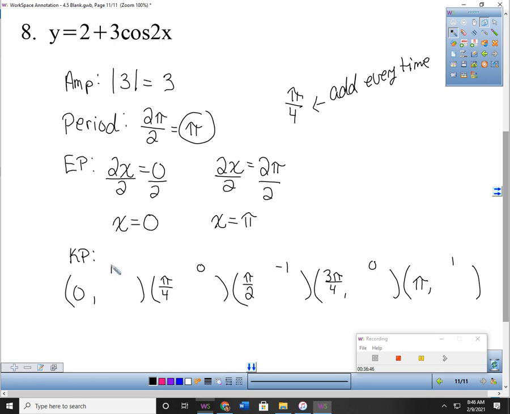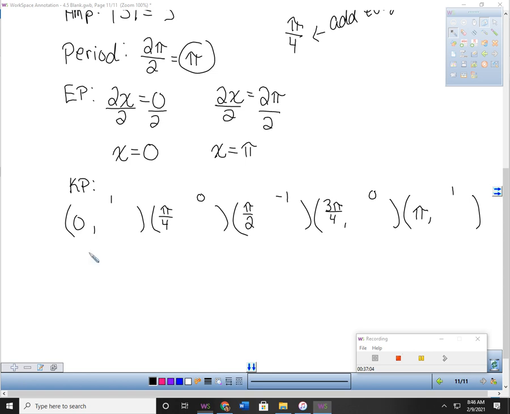Now, here's where we have just a little bit of a difference. So we always multiply by this number, right? And now, if this is a positive 2, you add it. If it's a negative 2, you subtract it. So I'm going to take that number, the 1, I'm going to multiply it by 3, and I'm going to add the 2. So 3 times 1 is 3, plus 2 is 5. Then I do the same thing here. 0 times the 3 plus 2. So 0 times 3 is 0, plus 2 is 2. Then I do the same thing here.